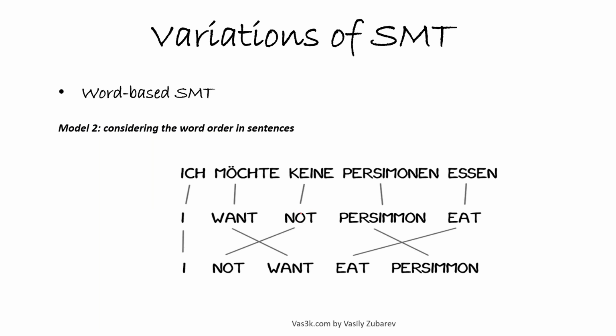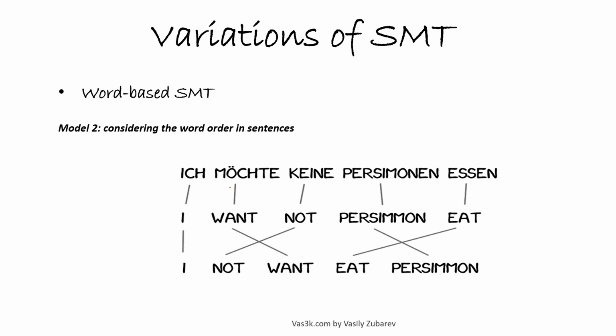So with word-based SMT, again, there was another model, and there are 10, 12 different models with word-based SMT. We cannot discuss all of them, but just to understand that all of these are basically improvements over the others, however, they are still not very good at doing the translations.